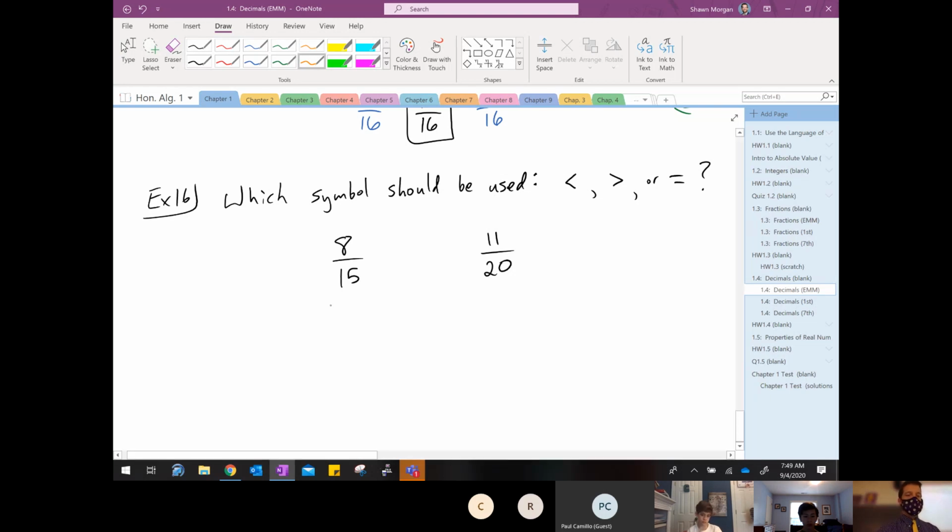All right, multiply the top by 4, so we get 32, and the bottom by 4, and we get 60. And then what do I do, Alex, to get the other fraction set up? All right, so we got 33 over 60. So we put a big fat less than sign. All right, that one's an easy one to end on.